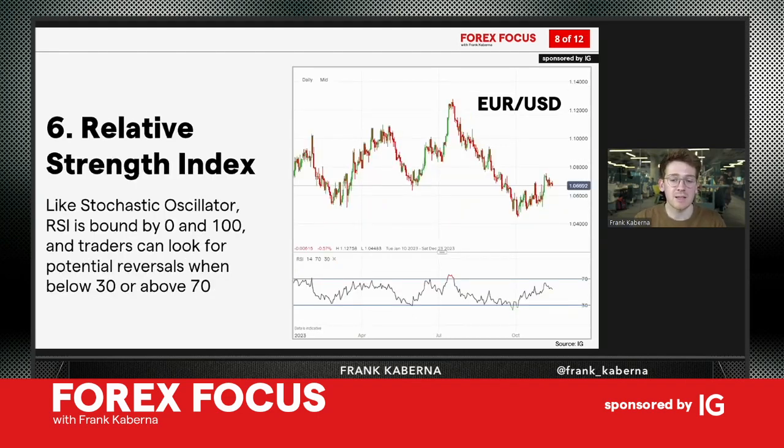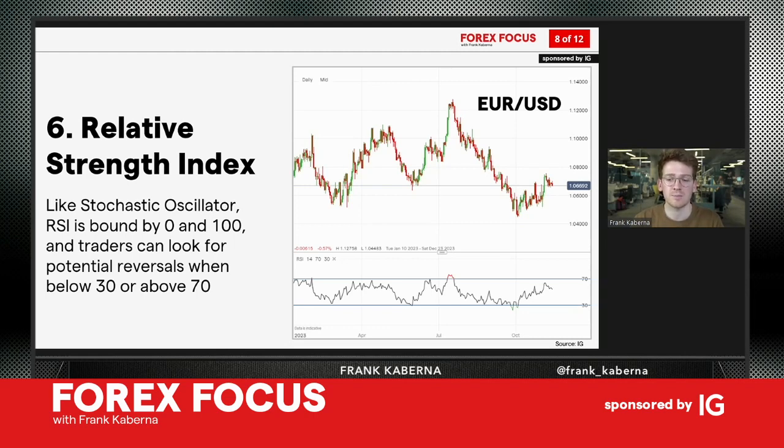Relative strength index, similar to that stochastic oscillator, is bound by 0 and 100, with a different sort of calculation, although RSI has become really popular over the last decade of retail trading.